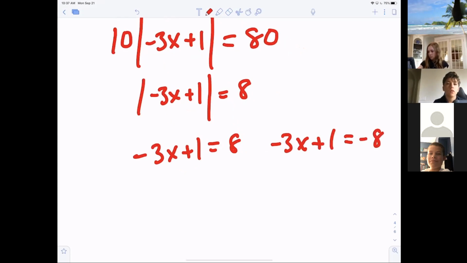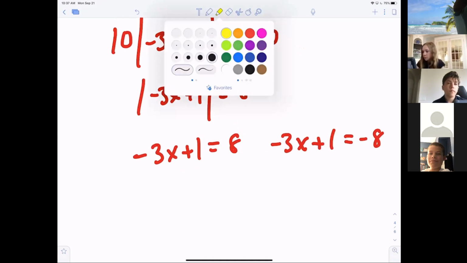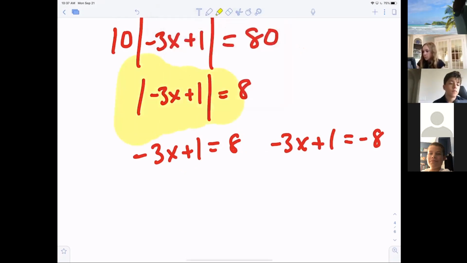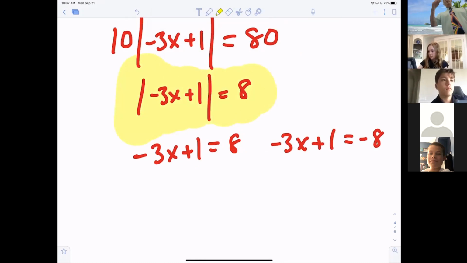Listen. You have to write both equations first. There are two equations that are coming out of this absolute value. You write it once, 8, then you write it again, -8.